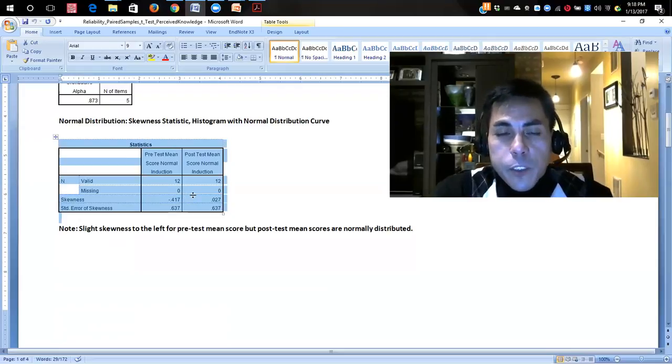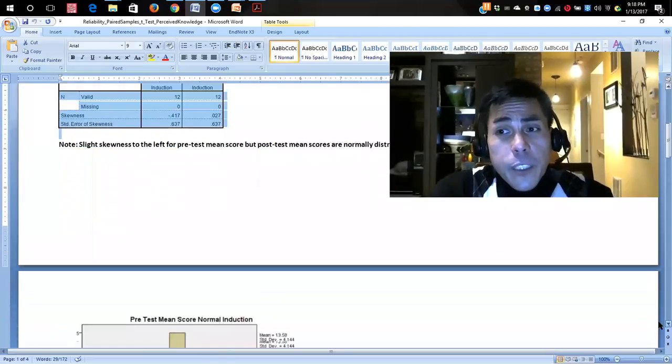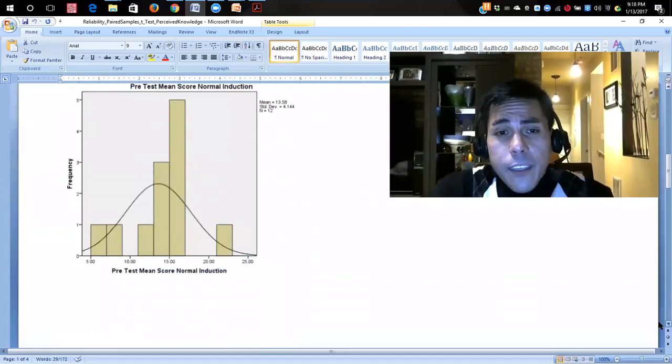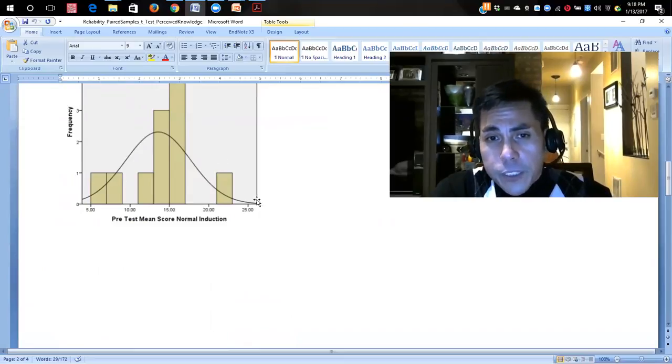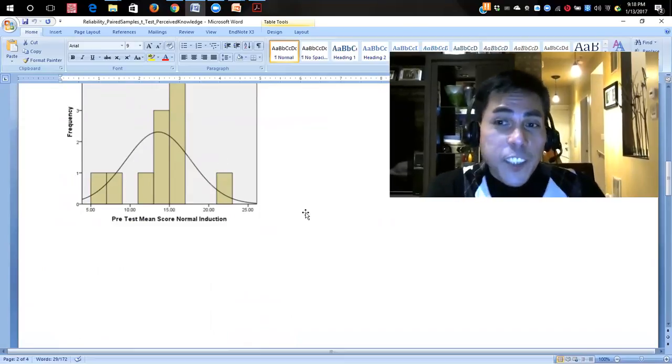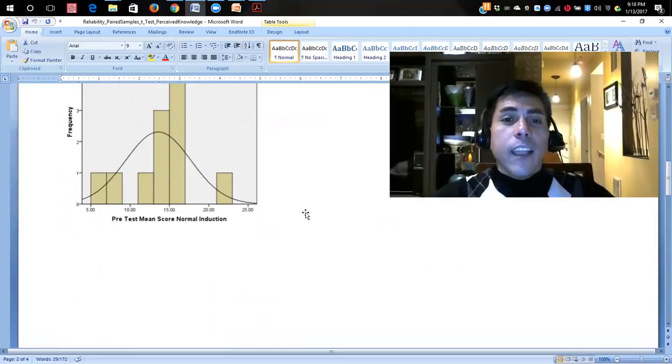Remember, 0 is normal or no skewness. The second is the Levene's test, and again the histogram with the normal curve distribution, because the data have to be normally distributed. That's how you know that it's homoskedastic.